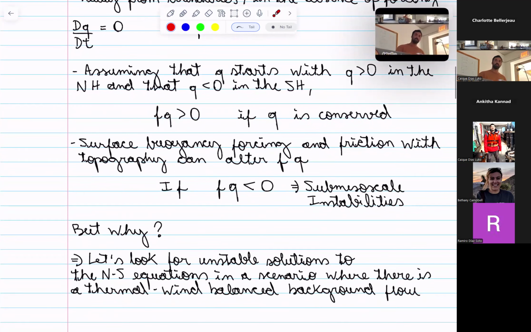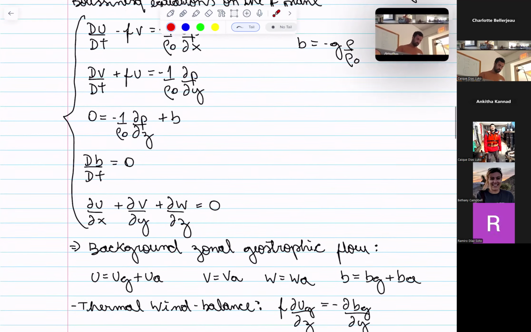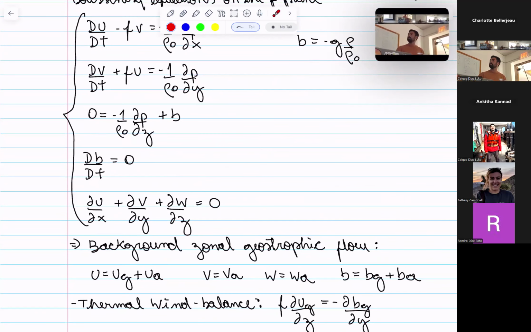For that, we can go back to the Navier-Stokes equations and we look for unstable solutions in the scenario where you have a background flow in thermal wind balance. And so these would be our Navier-Stokes equations again. Shashin showed them to us yesterday. And we're gonna do a separation between the background geostrophic flow and the background ageostrophic flow.